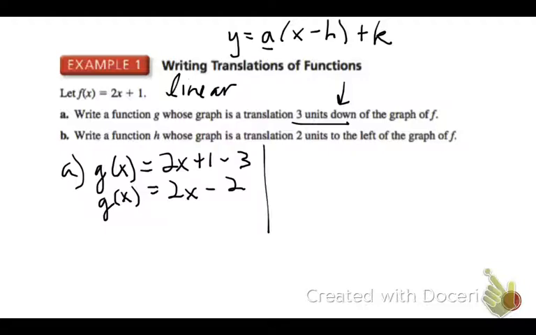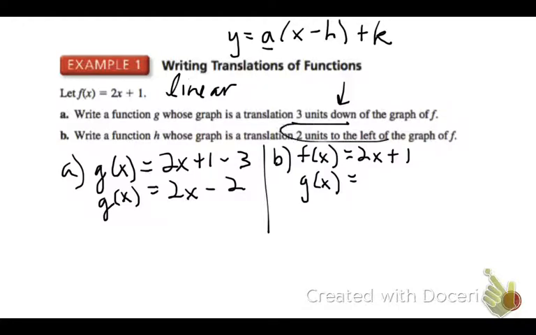On B, we want to write the function whose graph is a translation 2 units to the left. So let's start with our original, f of x equals 2x plus 1, and then g of x equals, now if we're going left or right, we need to change the input, the x value.